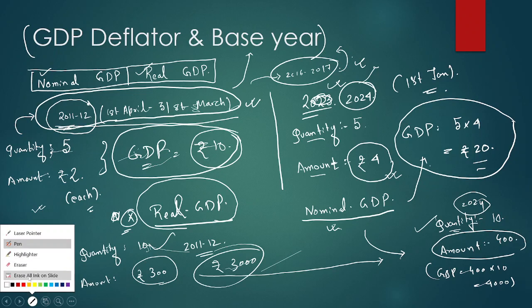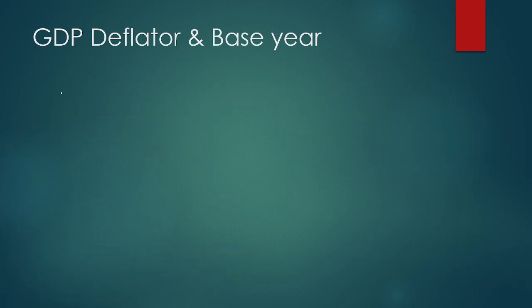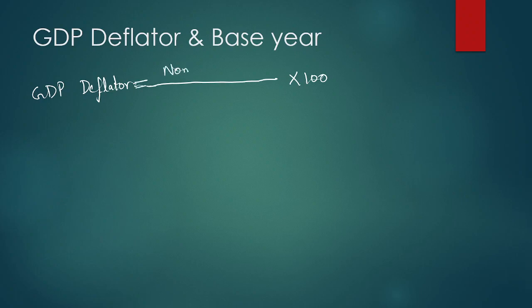I'm rubbing this. Now GDP deflator. GDP deflator is something which is the ratio of nominal GDP divided by the real GDP.